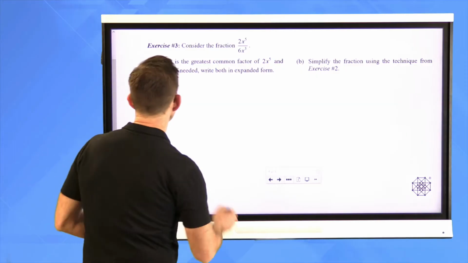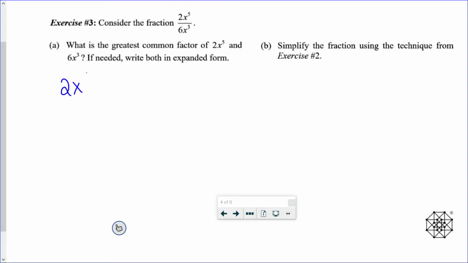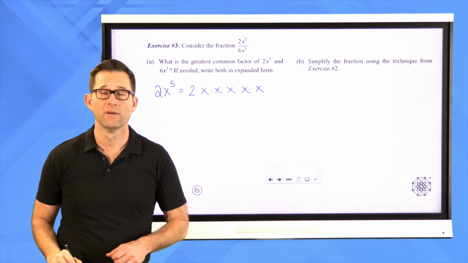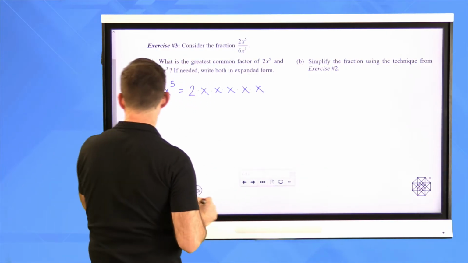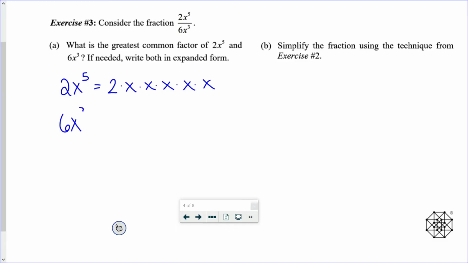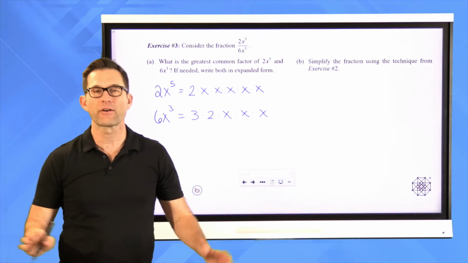So 2x to the 5th is 2 times x times x times x times x times x. That's what it is, literally. And 6x to the 3rd is 3 times 2 times x times x times x. I'm just writing these things in their factored form.